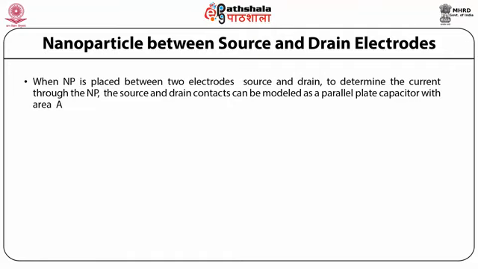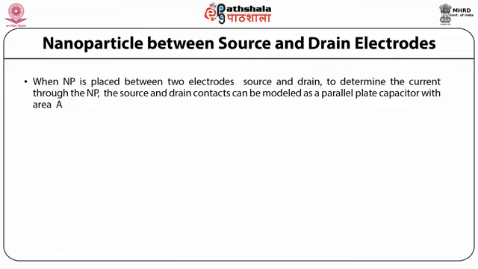Under the approximation that the electric field between two contacts is uniform, the source and drain contacts can be modeled as a parallel plate capacitor with the area capital A, which is the cross-sectional area of each contact, and D is the separation between the two contacts.